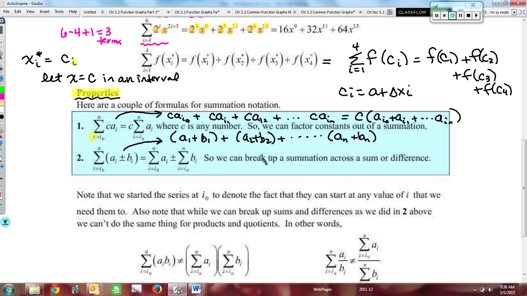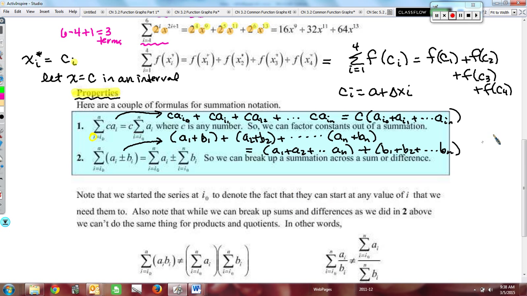But because this is all addition, even within these parentheses, we can regroup and reassociate as we want. So I can rewrite these and put all the A's first, and then put all the B's. And then notice that I have the sum of the A's plus the sum of the B's, and that's what we're saying. And it works for subtraction too.